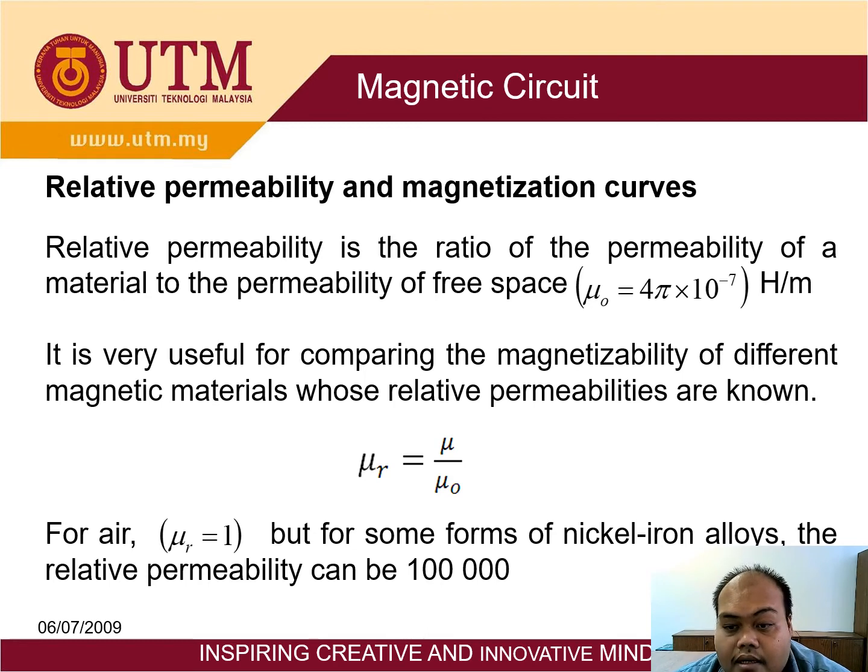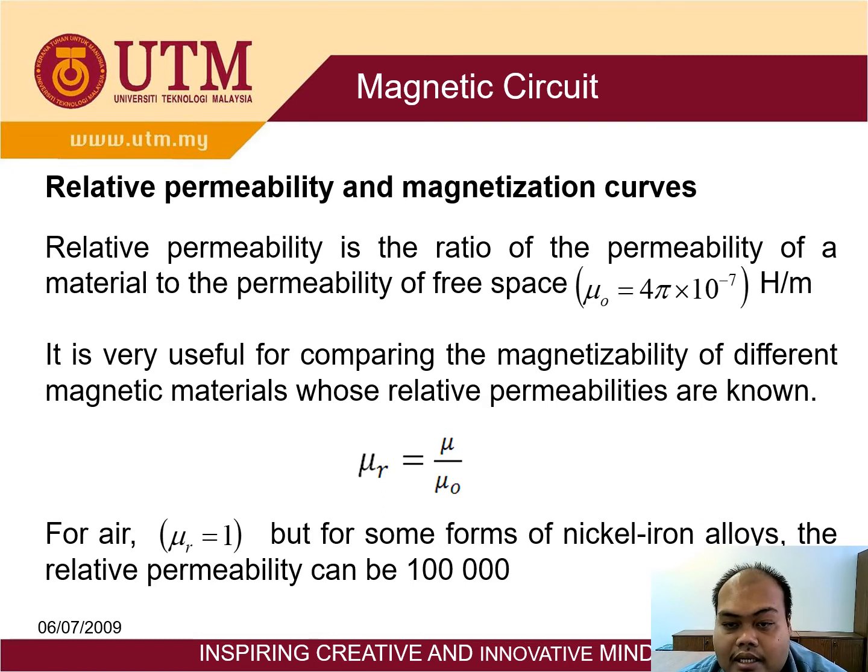Mu naught is constant, and mu R is different for every material. For air, you have to memorize this: mu R equals 1. For other materials it may be higher. As an example here, for nickel iron alloy, mu R is 100,000. And mu is basically the real value.